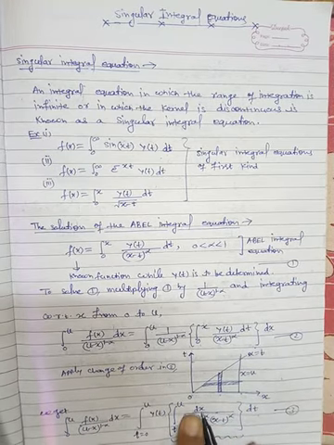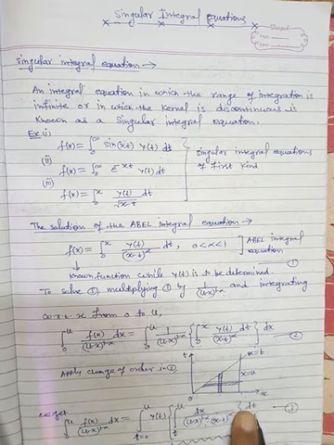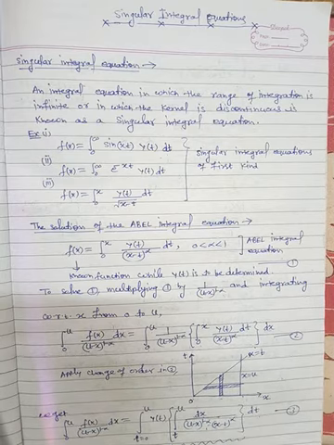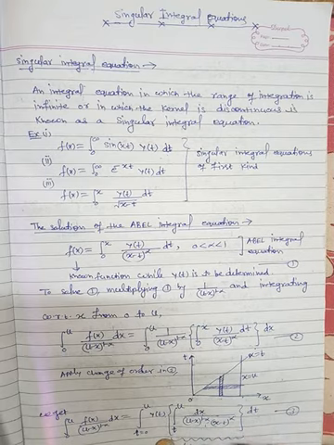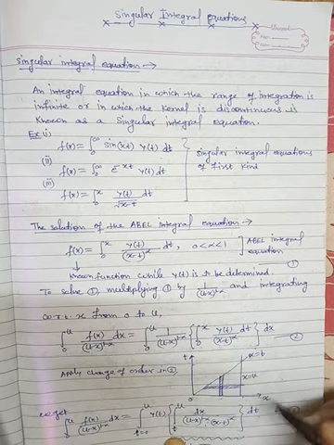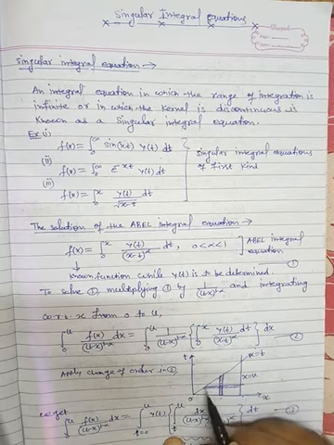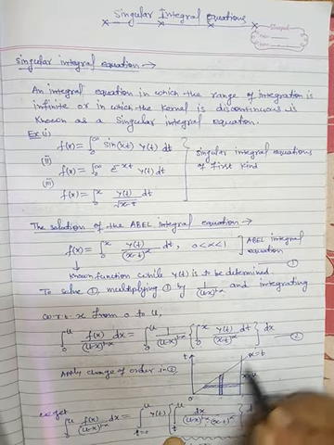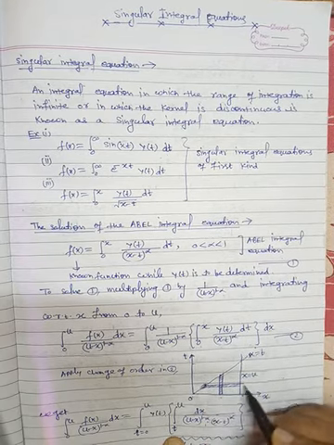So now we are integrating with respect to x first and then with respect to t. Now as far as the limit is concerned, first we write the limit of x. What is the limit of x? Here x varies from here to here.